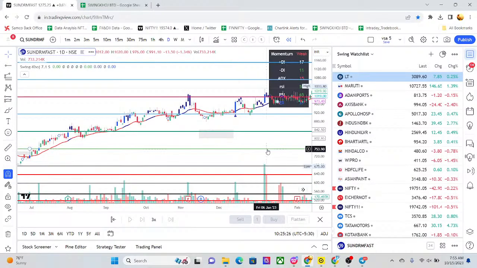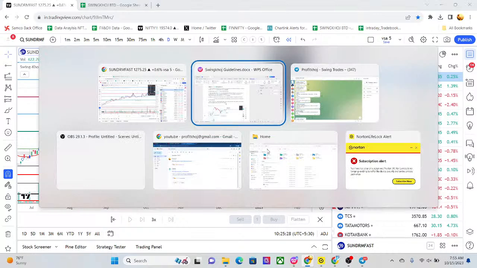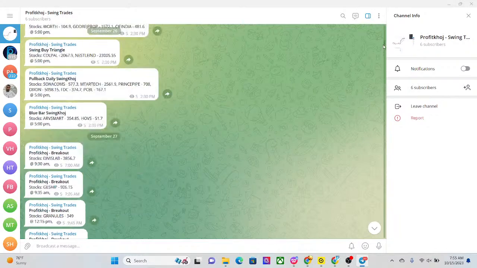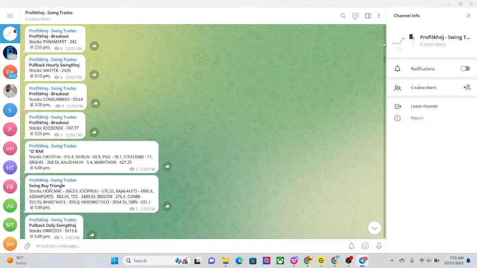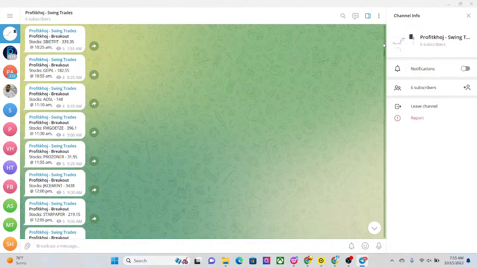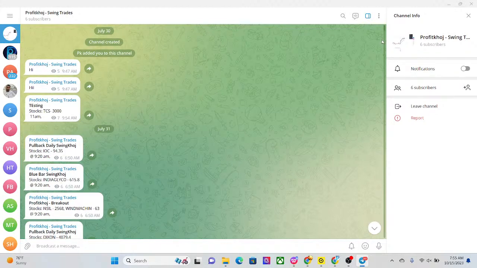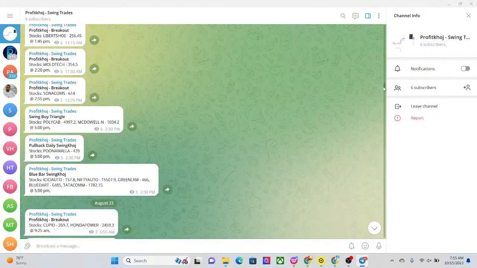Or we can take any other latest examples from the scanner. Let's go back some days. Okay, so it is around 22 August maybe.